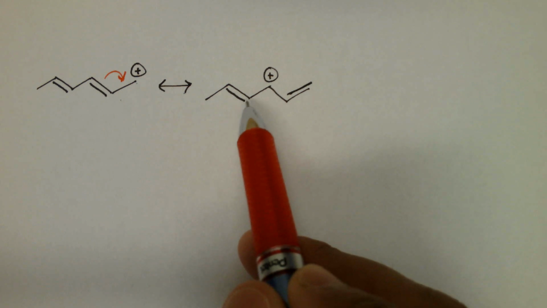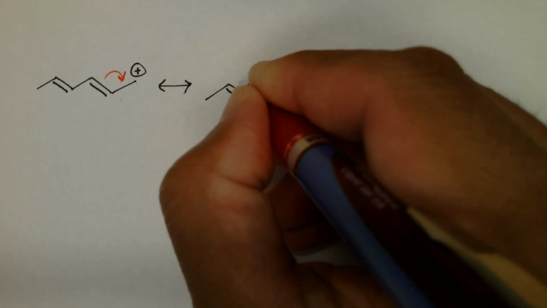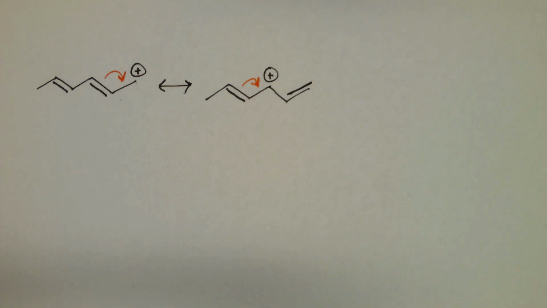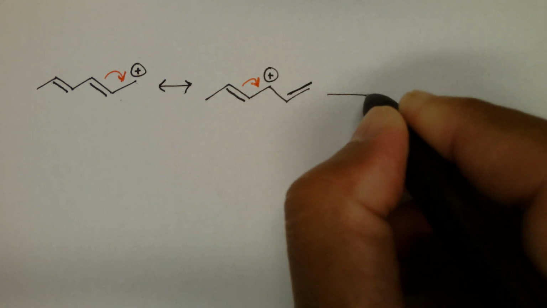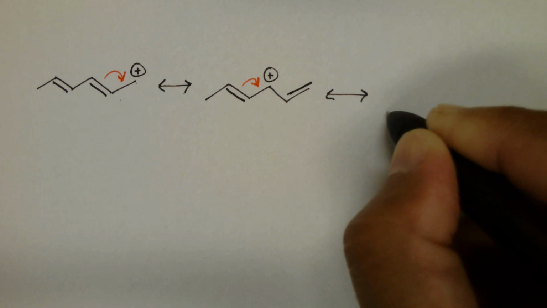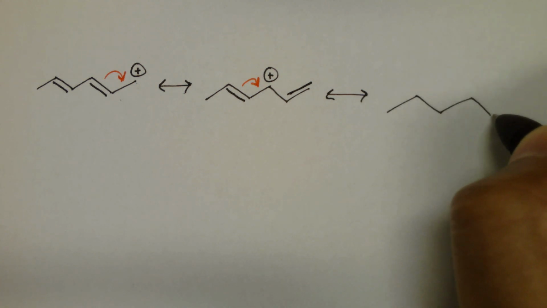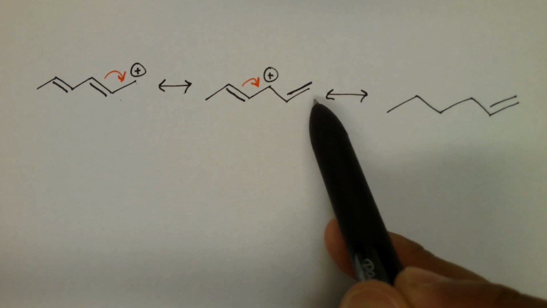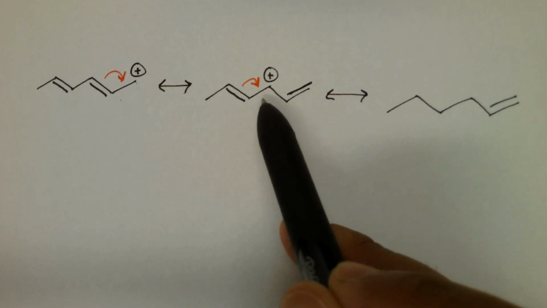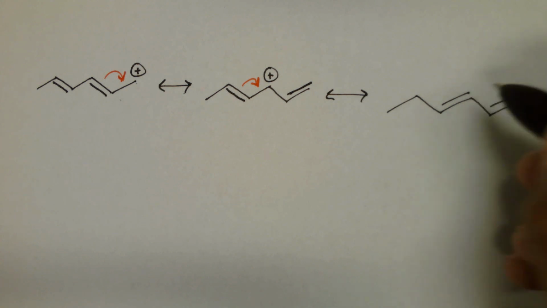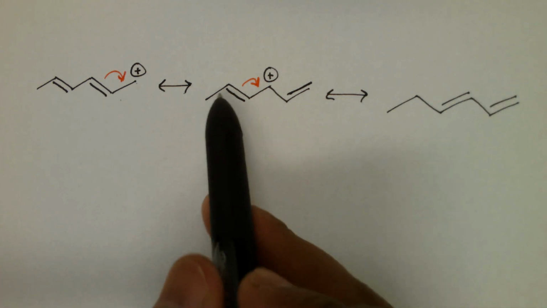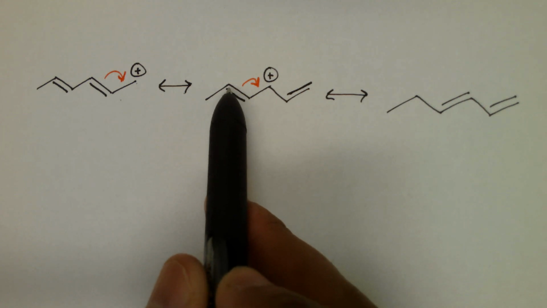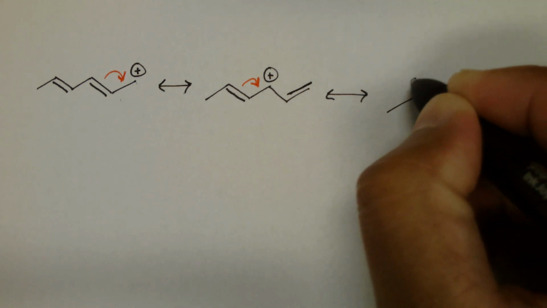So now these electrons can move over here, and we can actually draw a third resonance structure. So here's the double bond at the end, which I showed right here. And now we can draw a double bond right here. And now this carbon, losing that pair of electrons, becomes positive.